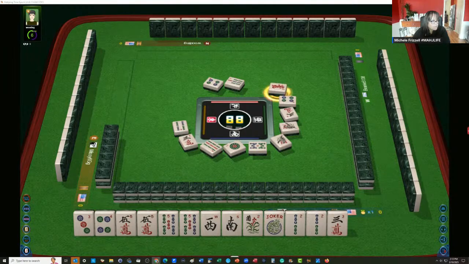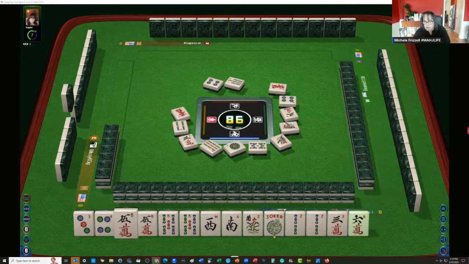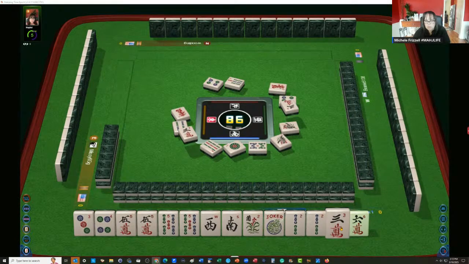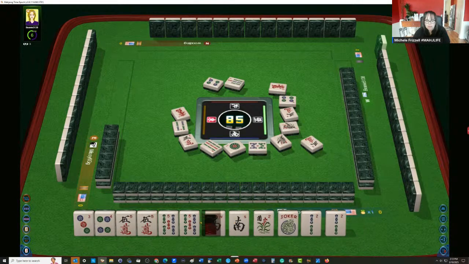Red dragon. Red dragon. Okay, we do not need a 6 really. This 3 can go. The 6 characters. Three characters is an inside tile.